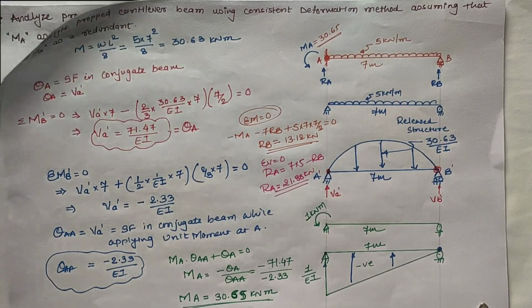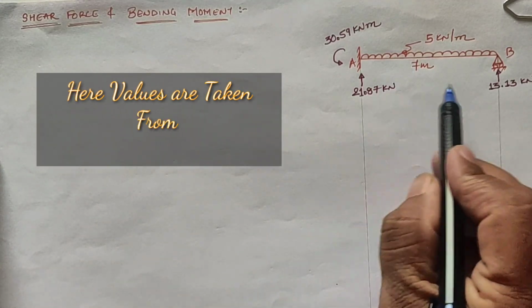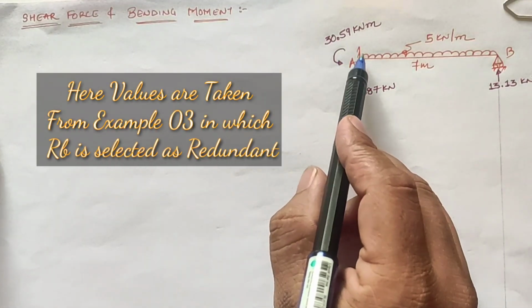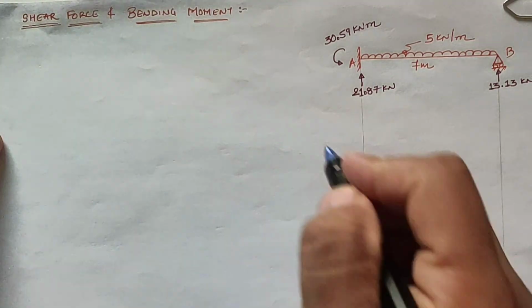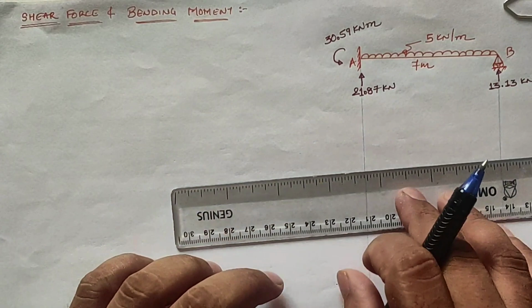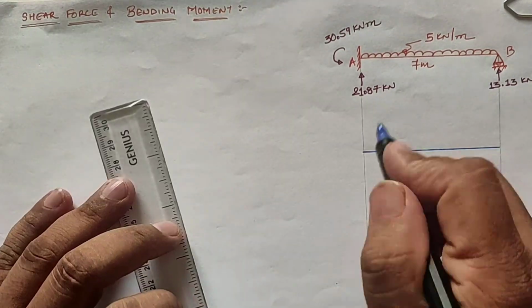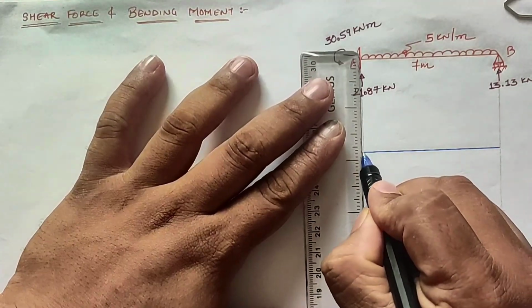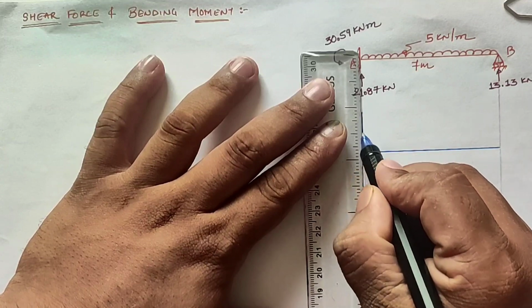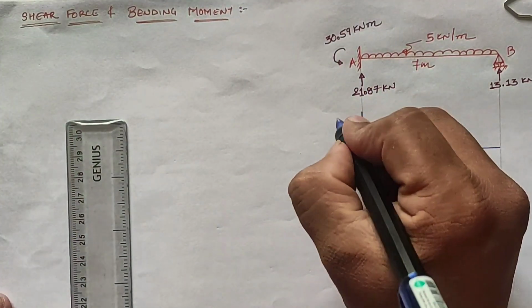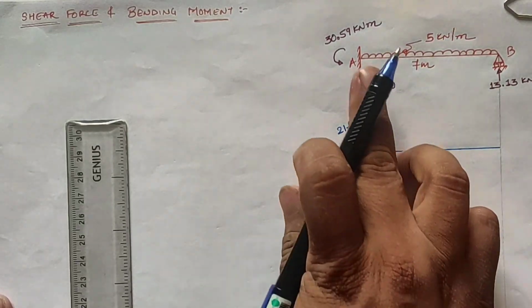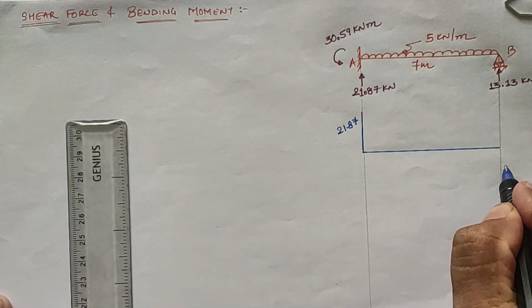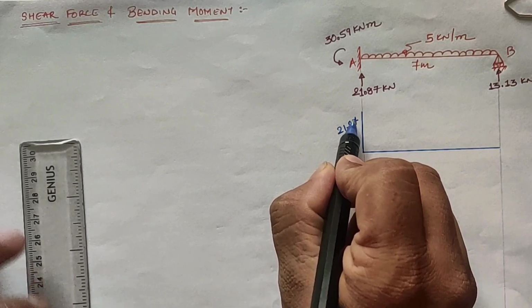From the above calculation we have the reactions and the moment at location A as indicated in the diagram. Now if we go through the shear force diagram, then at location A our vertical reaction is 21.87, and according to the UDL at location B our total load is 21.87.